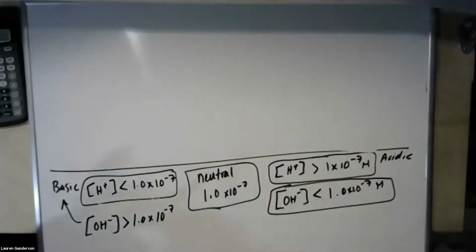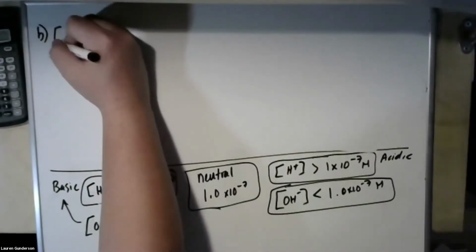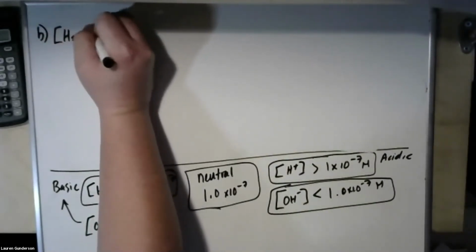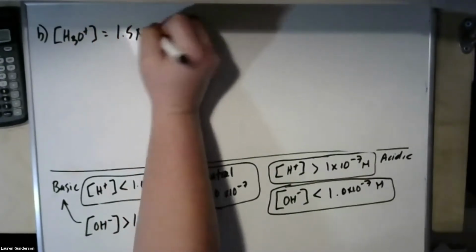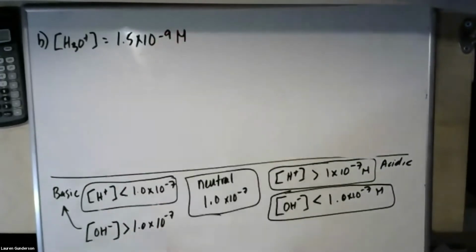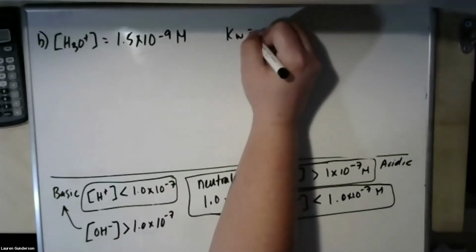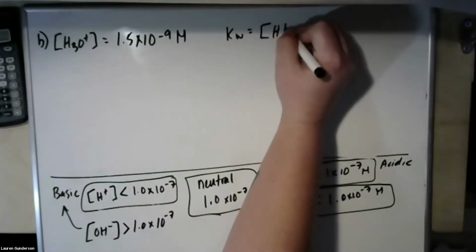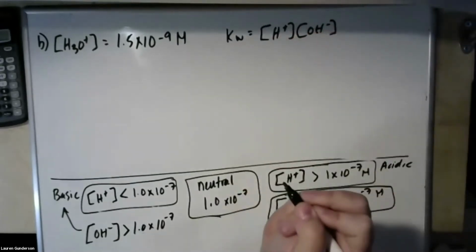So if we look at our next calculation, we have H3O plus is going to equal 1.5 times 10 to the negative 9. Okay, and we know that Kw is going to equal H plus times OH minus.